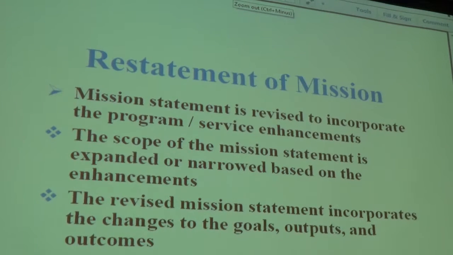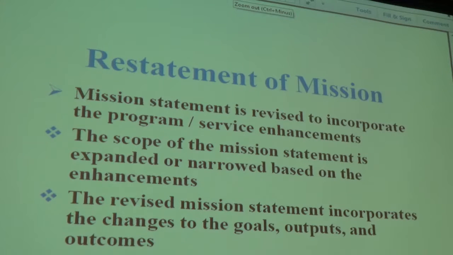The mission statement should also incorporate changes to the goals, outputs, and outcomes, because the program modification made significant changes to the outputs and outcomes that are supposed to be achieved, and it made significant changes to the goals of the program. So when you undertake a program enhancement, the goals and objectives of the program change because of the enhancements.